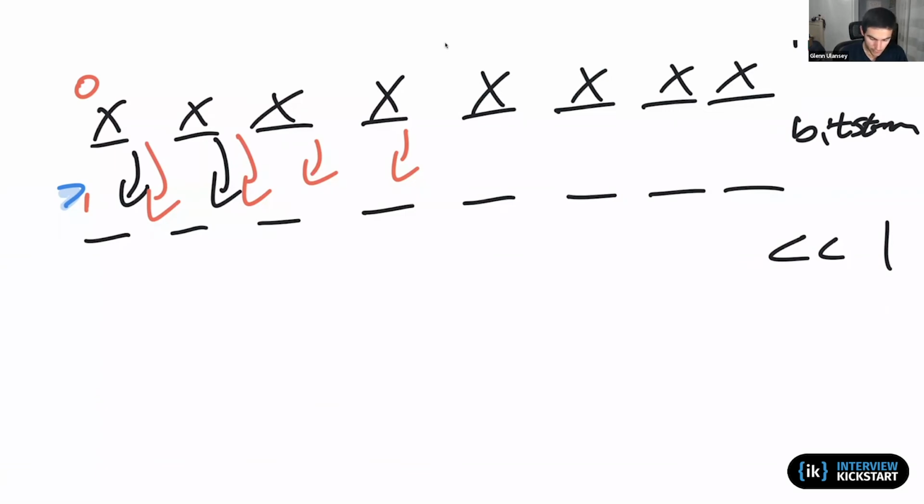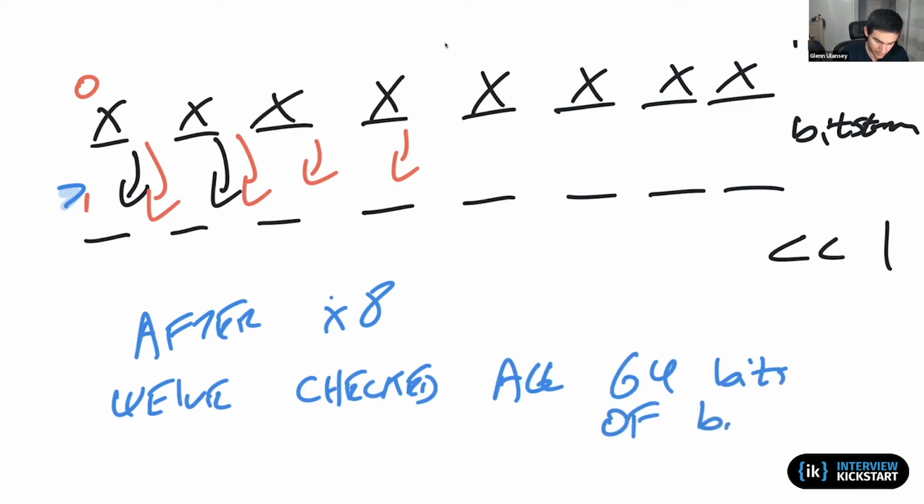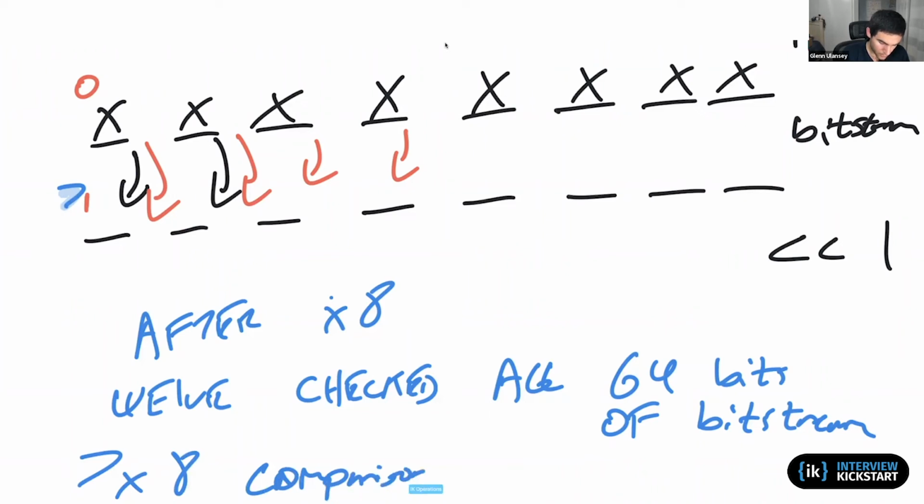And after we've done this a total of 8 times, after 8 iterations, we've checked all 64 bits of the bit stream, such that we still had to do 7 or 8 comparisons each time, but we only had to do 7 bit shifts.